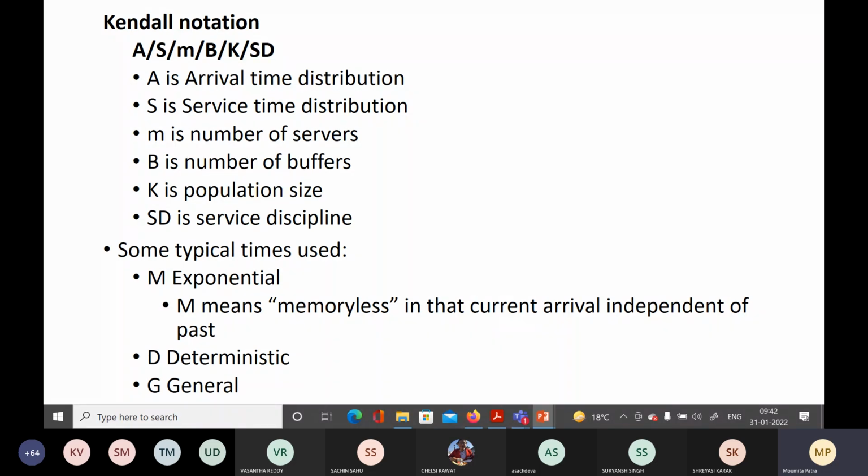Those are represented as D. Any other distribution that you are unable to put into any category, you put under general distribution, or G. So arrival and service time distributions can be M, D, G, and even others like Erlang, which we consider as E with some K value. Later, when we go to queuing distributions, you will find there are many such representations. These are the most commonly used.